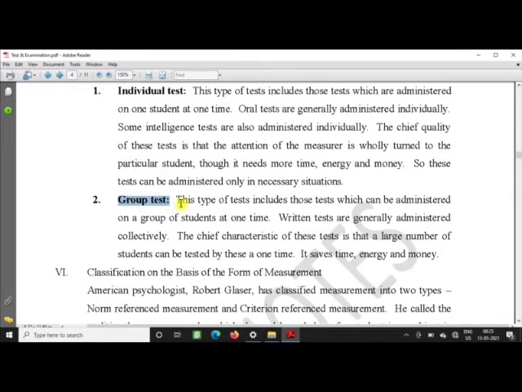On the other hand, a group test is very easy to conduct, because it doesn't consume much time, money and energy. Here, a group of students are taken into consideration and the test is conducted on them. Usually we talk about written tests, which are a form of group test, but oral tests like viva voce are also conducted on a group of people.